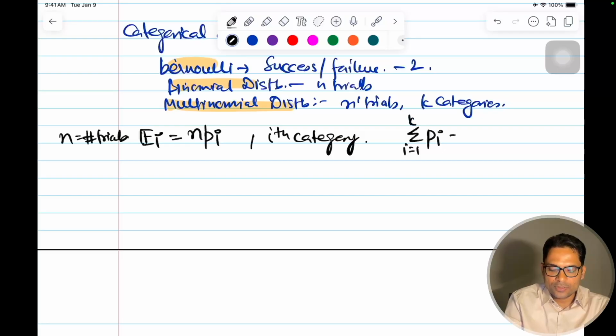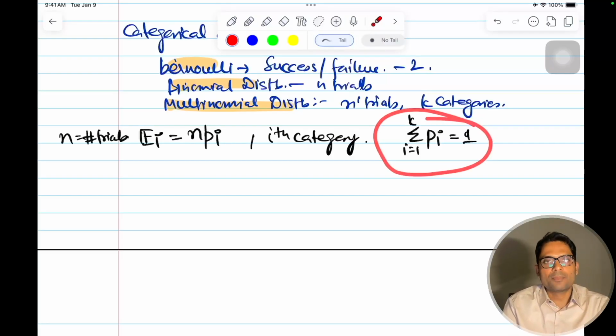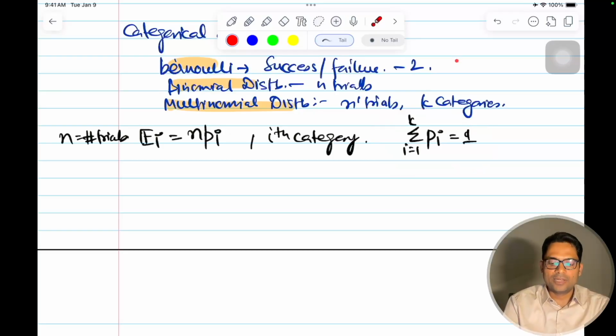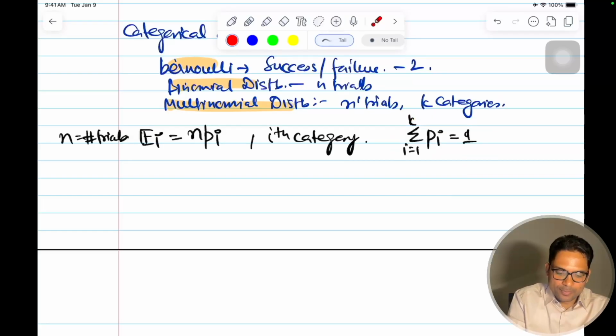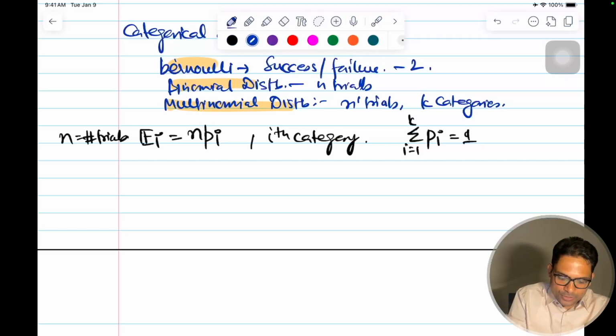There are k categories, and the sum of all the probabilities, sigma p_i, is 1. For example, for a fair coin with heads and tails, it's 50-50, so the probabilities sum to 1. This expected value is also your mean.